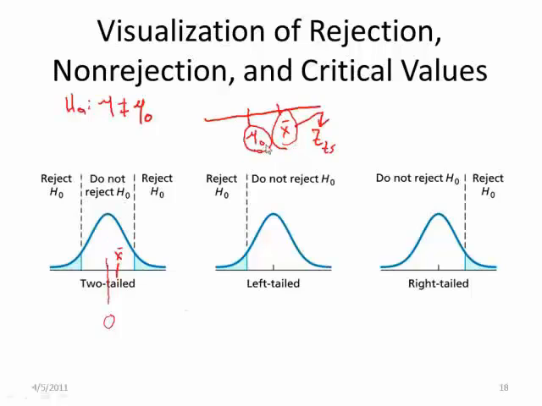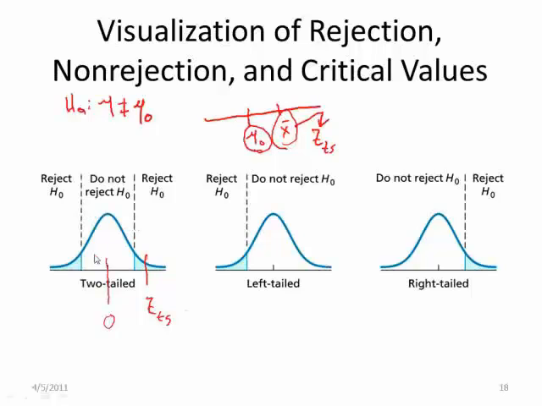Or if the distance between these two is large, then when I compute my z test statistic, the distance is going to be large over here, and that means my test statistic is going to fall in the rejection region.